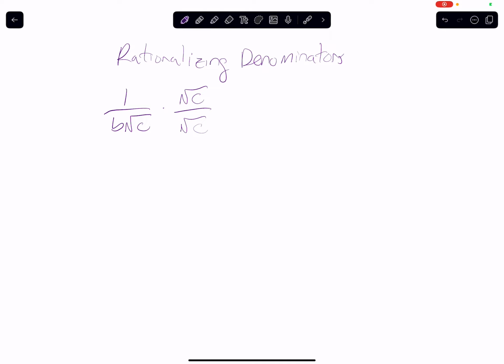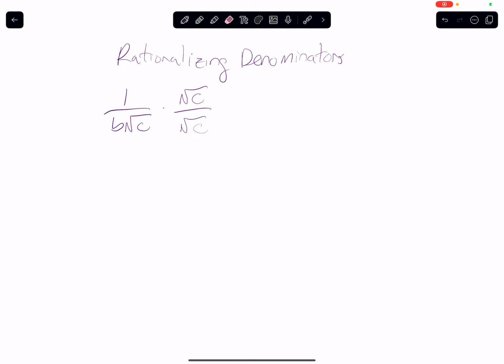Now, if there's a sum or difference of a rational and irrational term, then we must multiply the numerator and denominator by the conjugate of the denominator. And the way we do that is by changing the sign on the radical portion of the denominator.